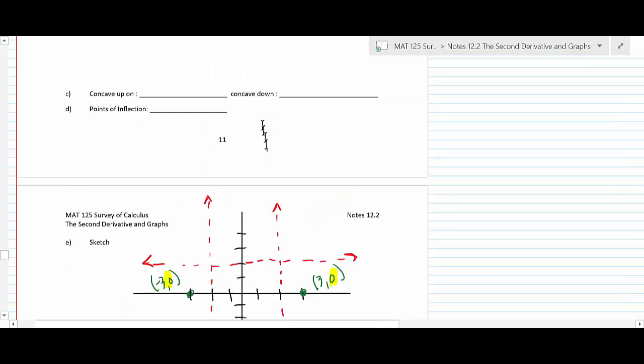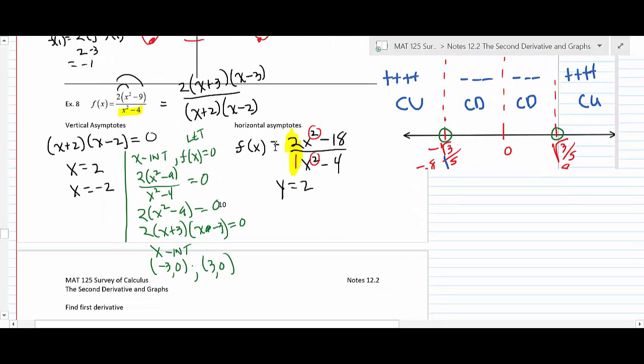Now let's do a y-intercept while we're at it also. For the y-intercept, what you do is you set x equal to 0. Let's go ahead and do that. You go back to the function I gave you. We haven't even done any calculus yet. You're just going to replace everywhere you see an x with a 0.